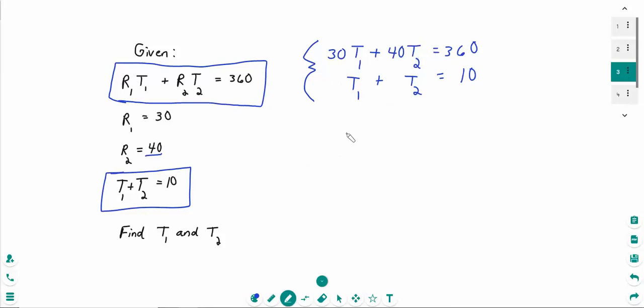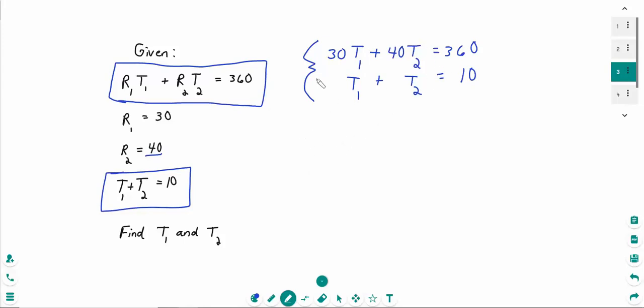And you could solve this using elimination or substitution. Now I know in the last problem we basically used substitution. We figured out what t sub 1 or t sub 2 is and plugged that into the first equation. So all we did was substitution in the last one. But maybe just to shake things up a little bit, let's try using elimination.